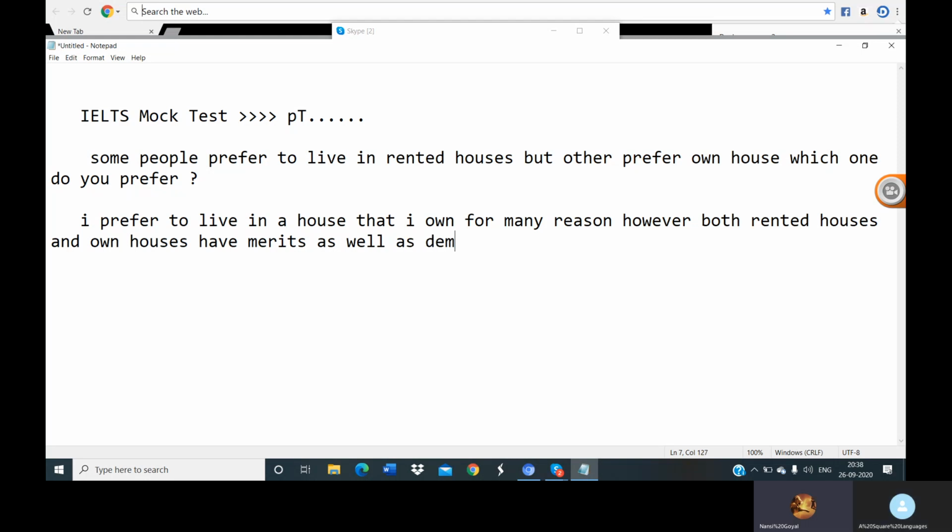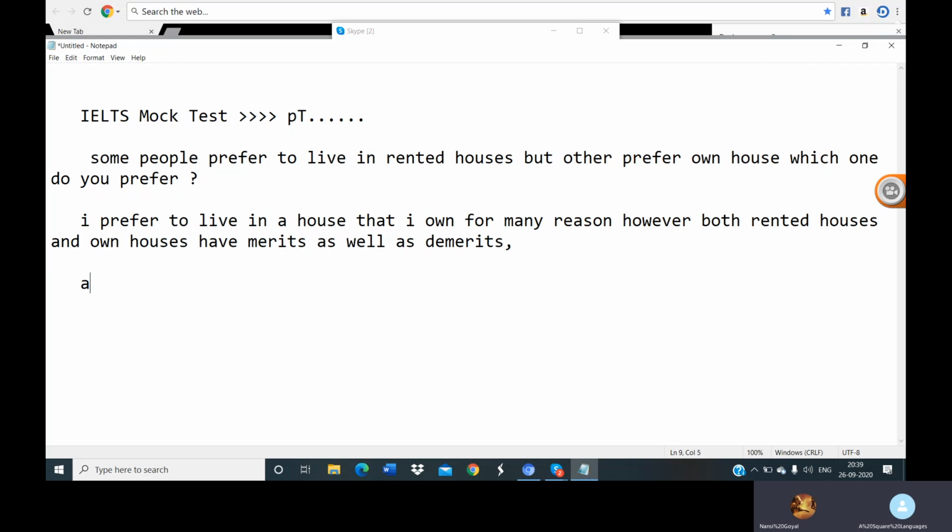You know what merits are? Advantages. We call advantages merits and disadvantages demerits. So, I prefer to live in a house that I own for many reasons. However, both rented houses and own houses have merits as well as demerits.